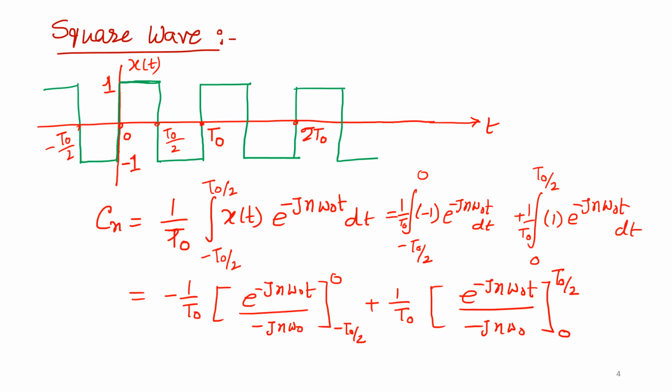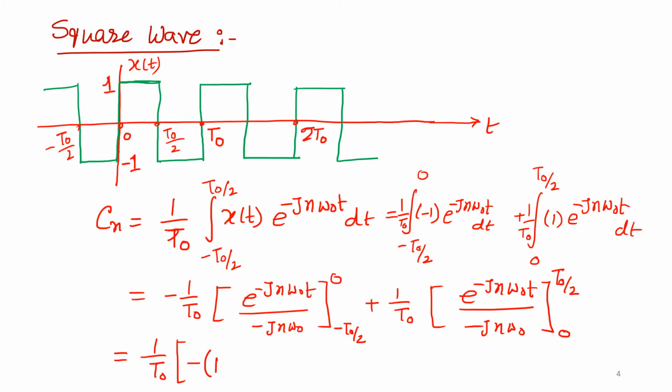Now if I combine these two, 1 upon t naught is the same, so we can start with this one. This minus sign and this minus sign, so I'll put a bracket here. e to the power 0 is 1, and this minus 1 becomes plus. I can take the plus sign because j n omega naught I can also consider outside.